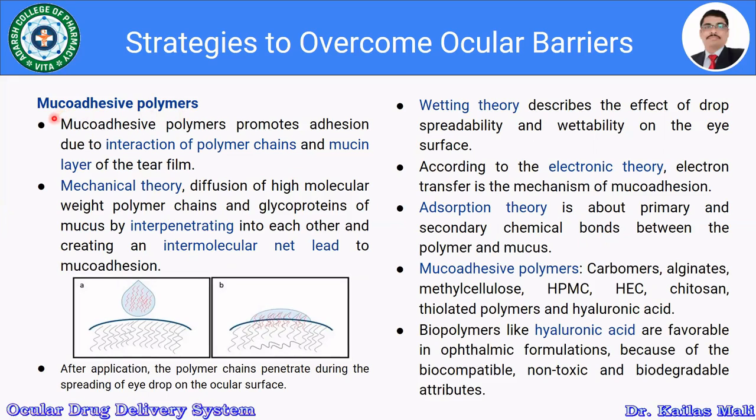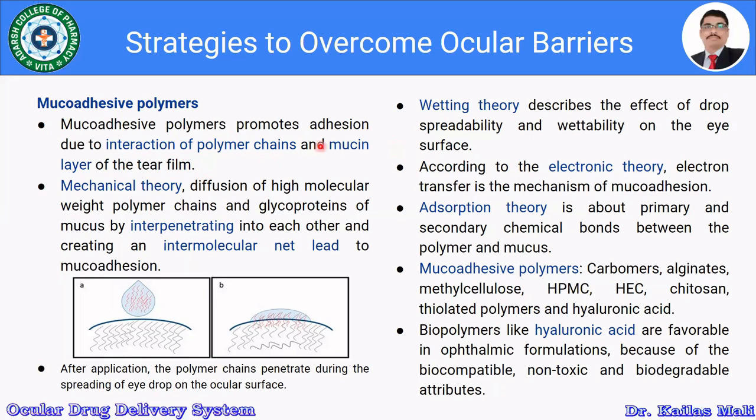Mucoadhesive polymers are yet another approach widely used to improve ocular permeation. When we use mucoadhesive polymers, they promote adhesion through interaction between the polymeric chains and the mucin layer present in the tear film.